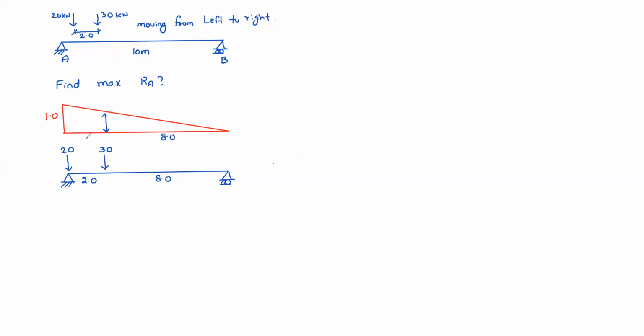This is 2 meters. So here it is 0.8. Okay. So now maximum RA equal to 20 into 1 plus 30 into 0.8. So 20 plus 24, that is 44 kilonewtons. Okay. Order is important. Front is 30 only.